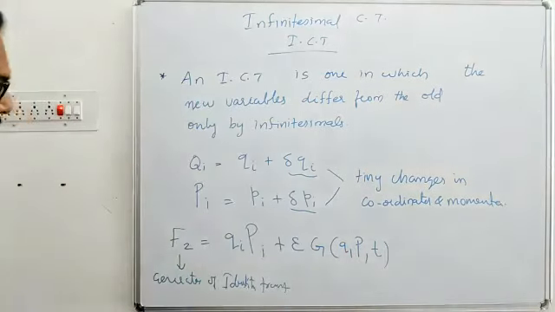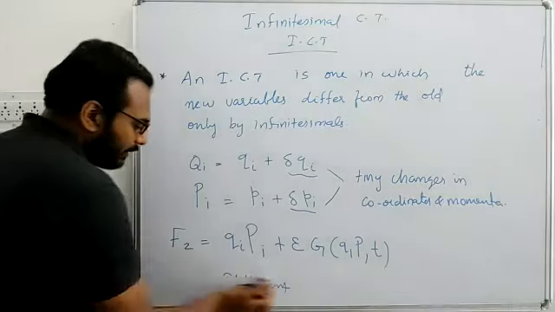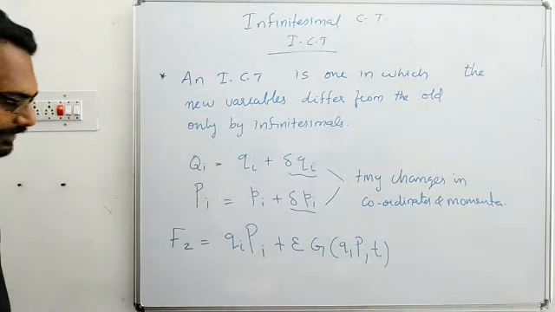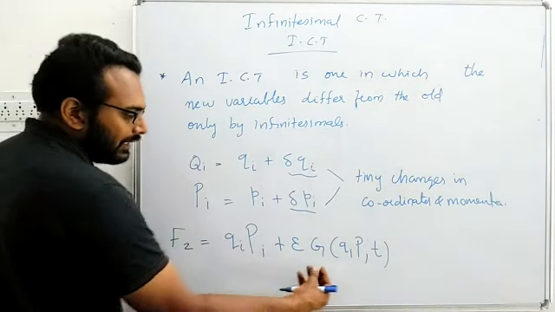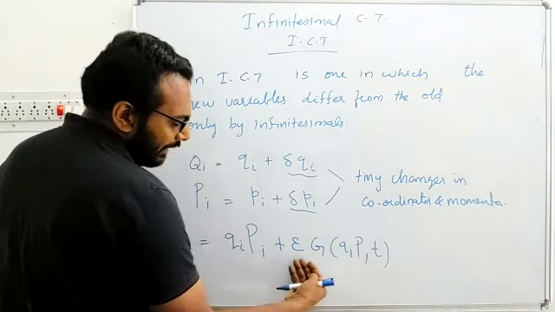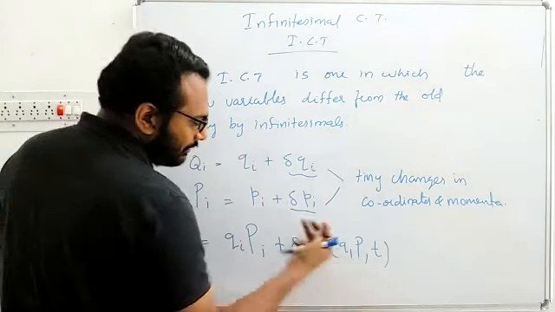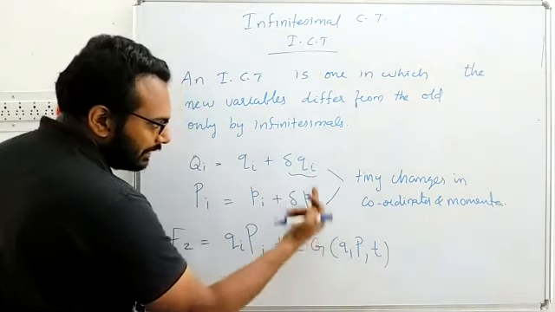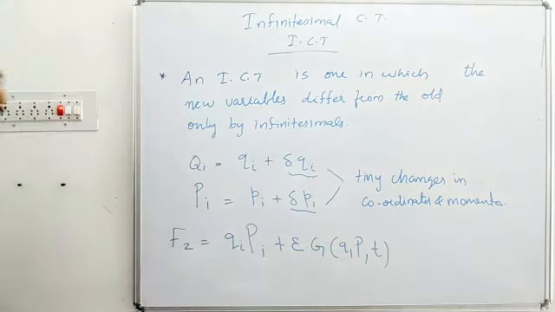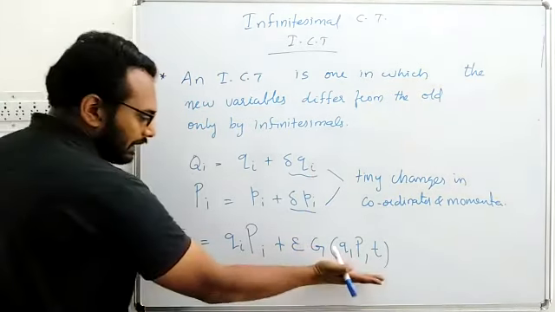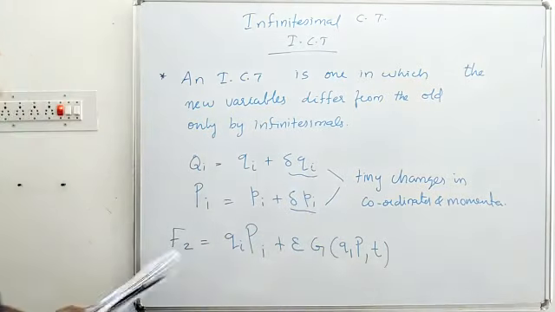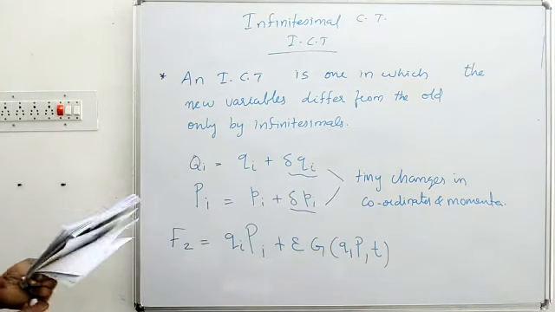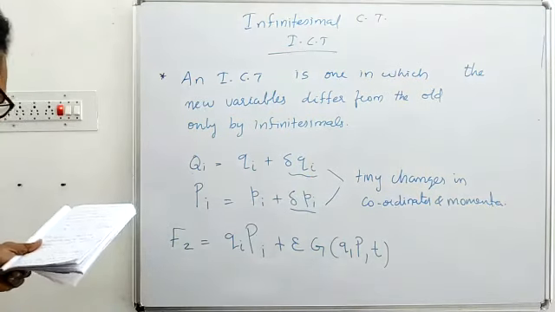What we are doing is taking the generating function for the infinitesimal canonical transformation as the generating function of the identity transformation plus a small parameter epsilon multiplied by the generator for these infinitesimal displacements in coordinates and momenta. I hope that's clear. The logic is clear. If this term was not there, it would be an identity. If this term is there, you'll get extra terms like that. So that's the generating function for infinitesimal canonical transformation.